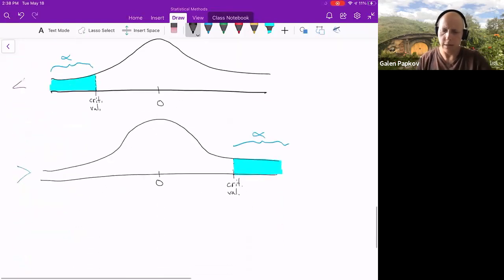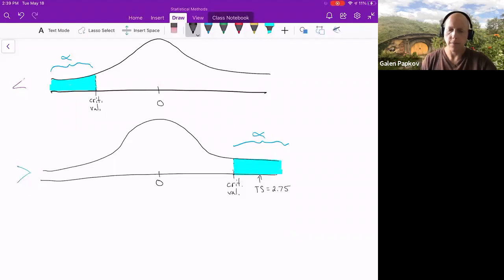So let's pretend that our test statistic for a right-tailed test was here. And I'm just going to pretend that that number is 2.75.